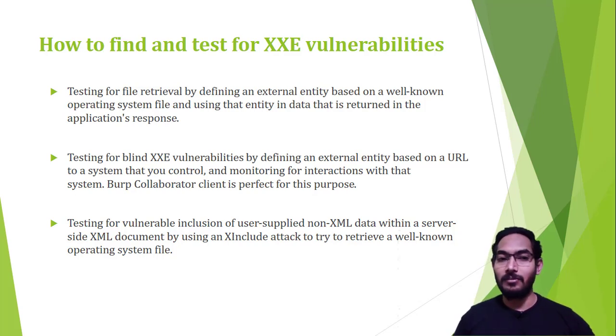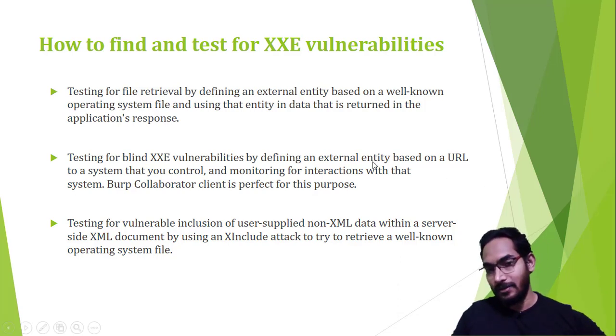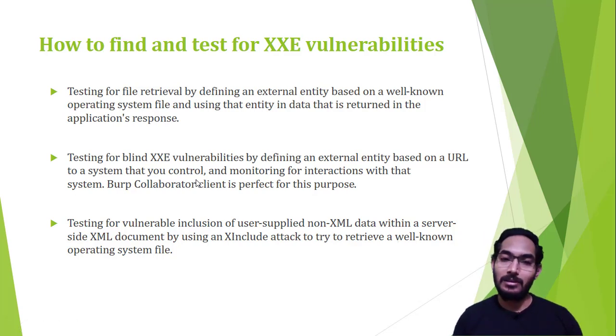The next thing we did was test for blind XXE. For that we defined the external entity based on a URL to a system that we control. We gave the URL of a Burp Collaborator, which we were controlling, and then we monitored it.